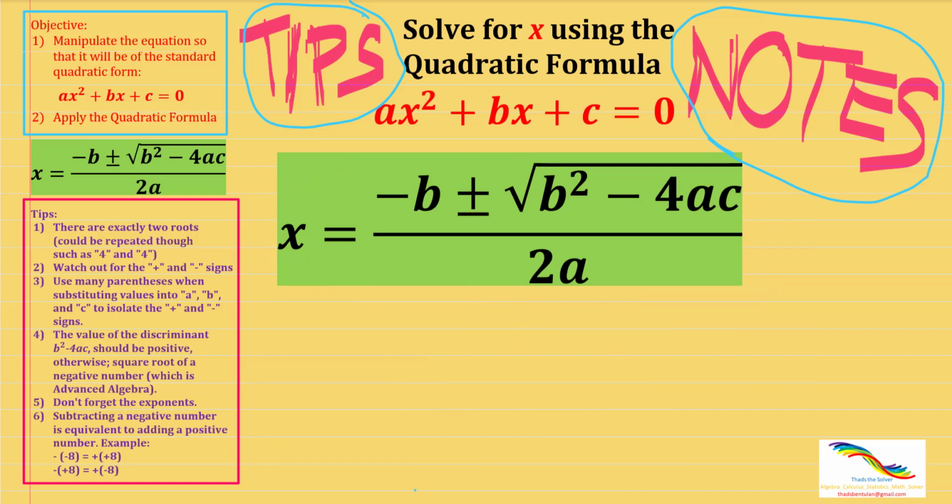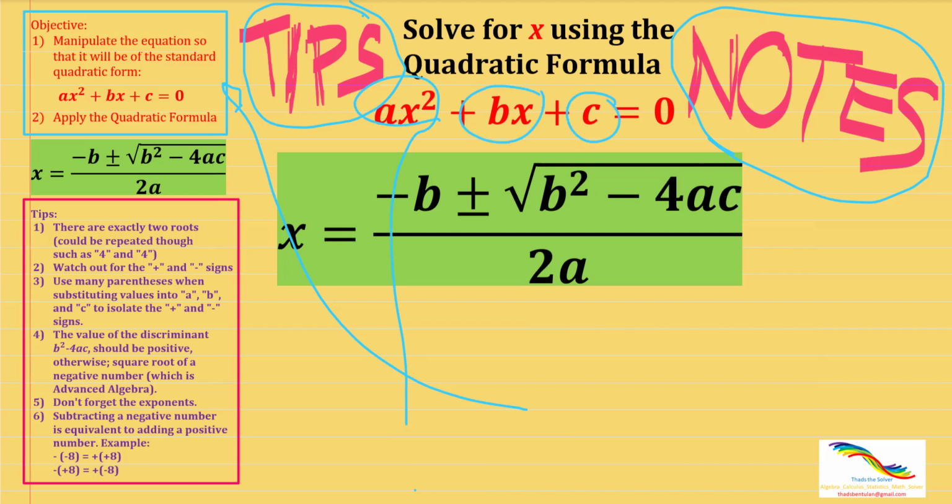Alright, so let's proceed with some tips and techniques. To solve for x using the quadratic formula, this is our attack strategy, this is our solutions strategy. I'm going to highlight it. I've shared with you here on the left side of the page our objective, our attack strategy. Our objective is first to manipulate the given equation so that it will be of the standard quadratic form ax squared plus bx plus c equals 0.